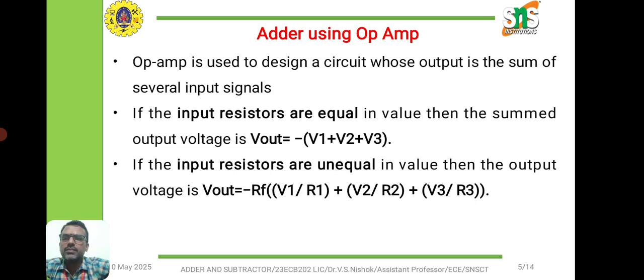This is the case when the resistors are equal. If the resistors connected in the input path are unequal, then the output is represented as minus RF into (V1 divided by R1 plus V2 divided by R2 plus V3 divided by R3). Based on the resistor values, we need to choose one of the cases shown here in this slide for the addition operation.